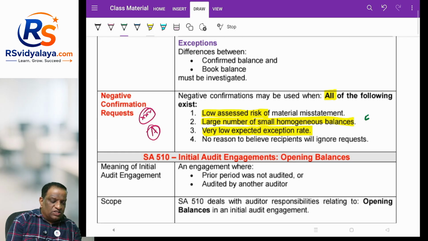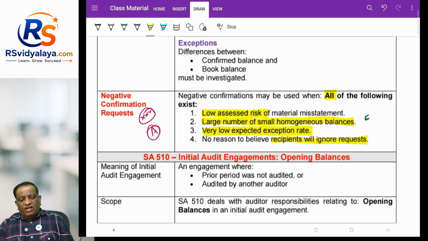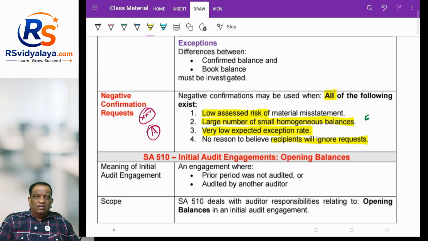And the last one, no reason to believe that the recipients will ignore the request. That is, when you are 100% confident that the recipient is a professional and they are not going to ignore your request, they will read and respond. You said some balance and you are confident that they will read it. Now if they read it and they are not responding, then what do you mean?